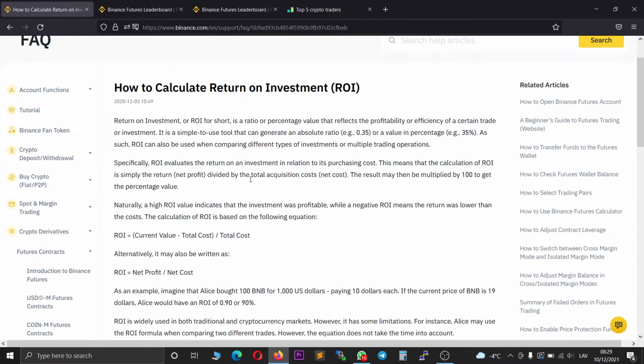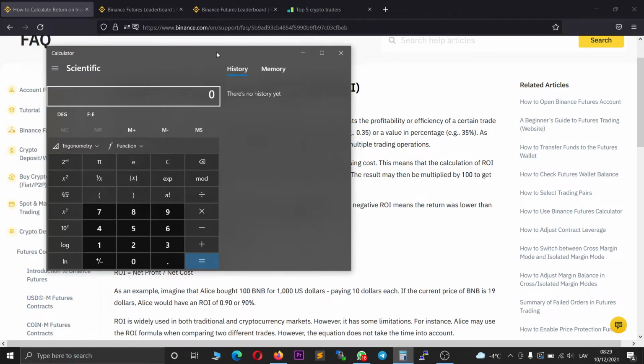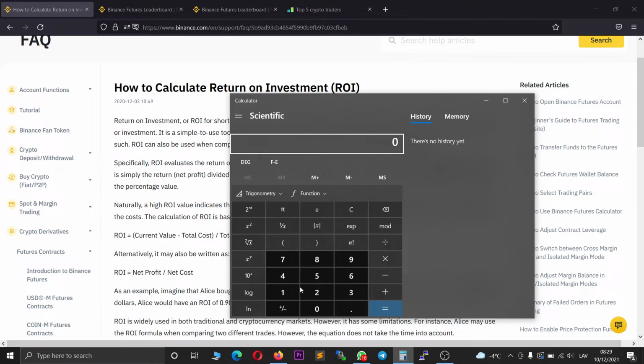How is return on investment calculated, especially on Binance? So the idea is that you calculate, for example, I bought Bitcoin for $100, let's say, and now I sell it for 120.